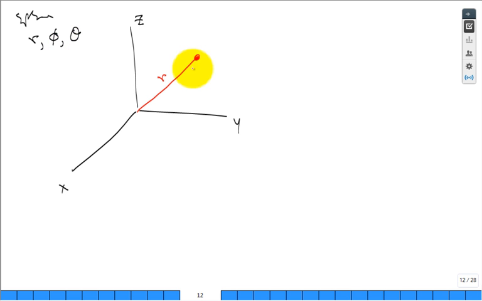So we drop down to the xy plane, and we have a new line right here. And most of us, if you remember well from your calculus or other classes, would say, aha, that angle is theta, and this angle is phi. That's the way I learned it.